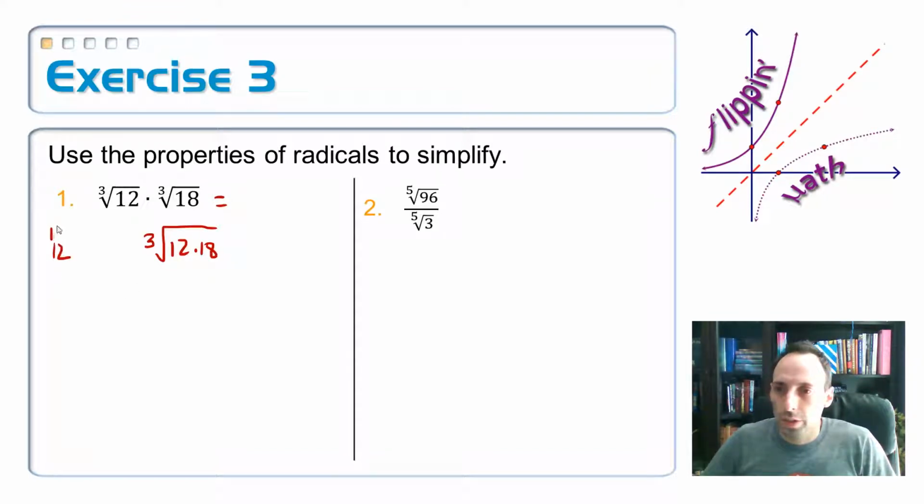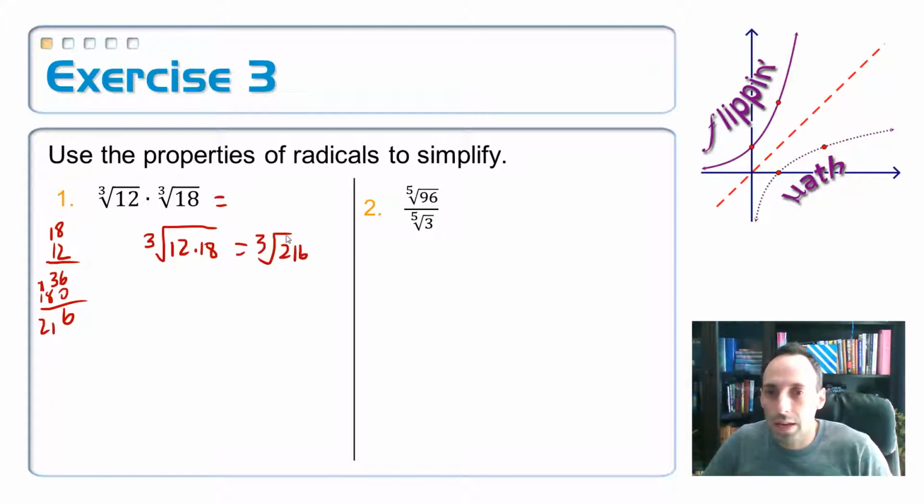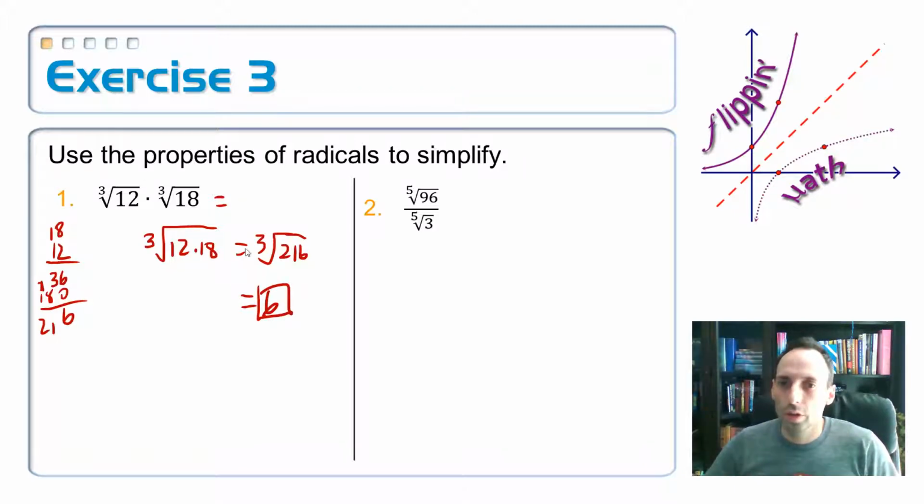So 12 times 18, let's see, that's 216. Cube root of 216, which is 6. You know your perfect cubes by now, right?